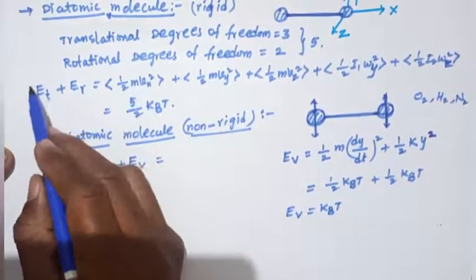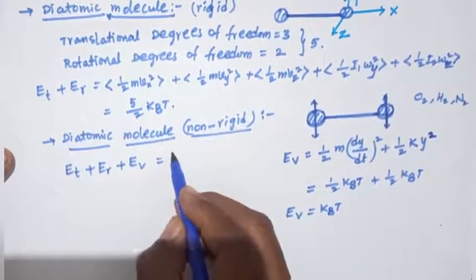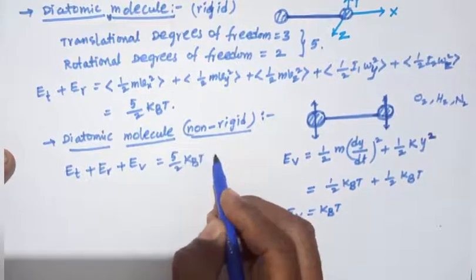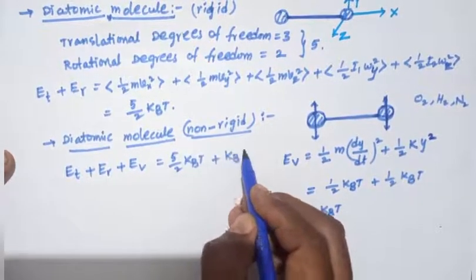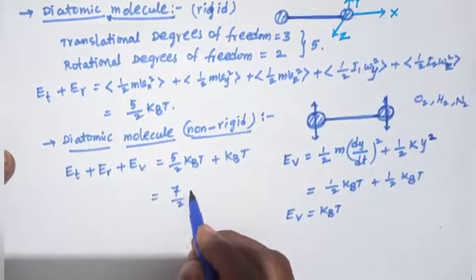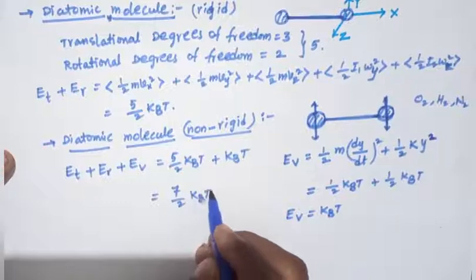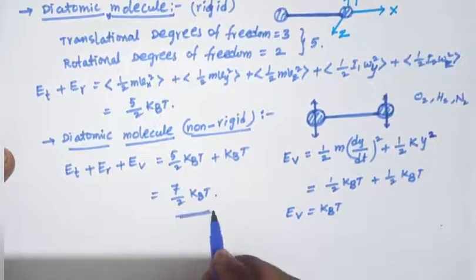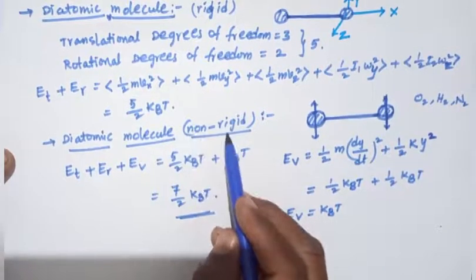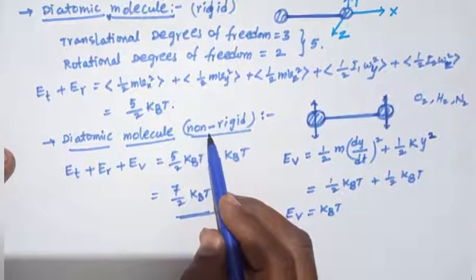The translational and rotational part is 5 by 2 kBT, plus kBT equals 7 by 2 kBT. This is for the diatomic molecule as a non-rigid rotor.